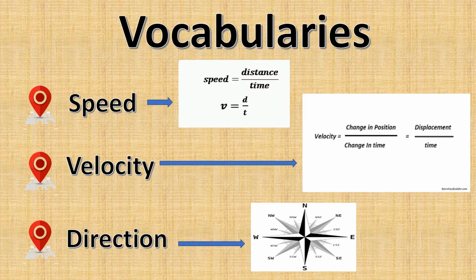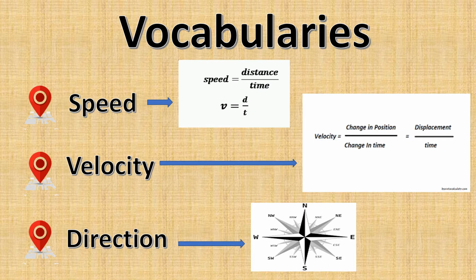Before we go to our topic, let us first read the vocabulary that we are going to use for this week's discussion. First here is speed. Again, repeat after me. Speed. Let us spell the word speed. S-P-E-E-D. Speed.